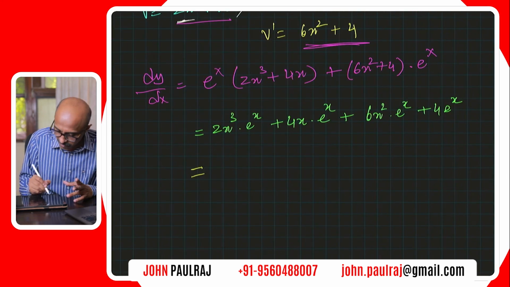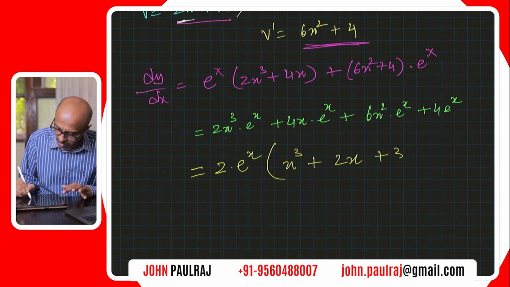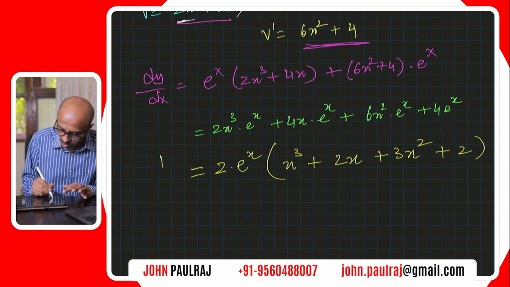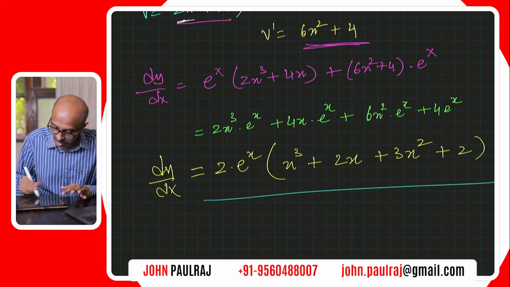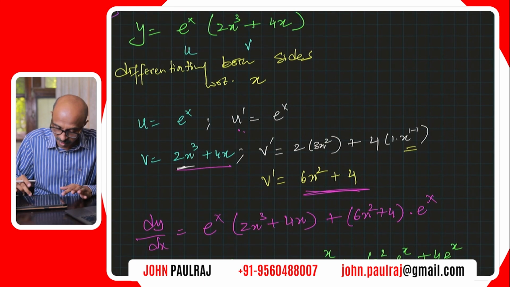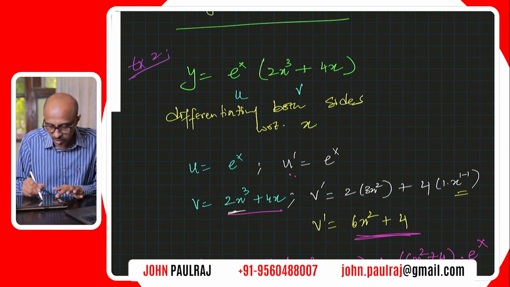Simplify it further by factoring out 2 times e to the x from each term to get x cubed plus 2x plus 3x squared plus 2. So your dy by dx, the derivative, is going to be that entire term, and that term basically came from using the product rule on this original function, e to the x times 2x cubed plus 4x.